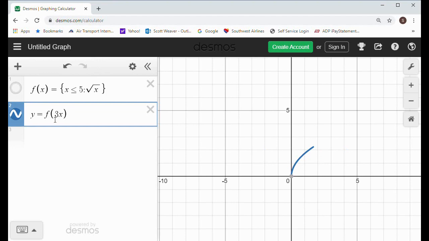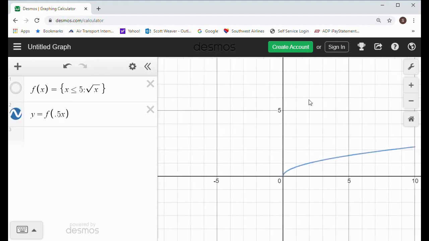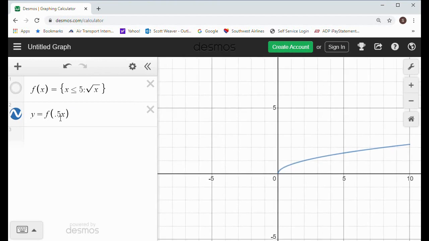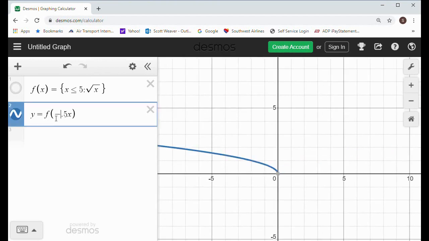Three compresses it horizontally, -3 puts it the other way. 1/2, or in other words 0.5, is a stretch. But then you make it a negative, and it goes the other way. So that's just a demonstration of these basic function transformations, each happening.